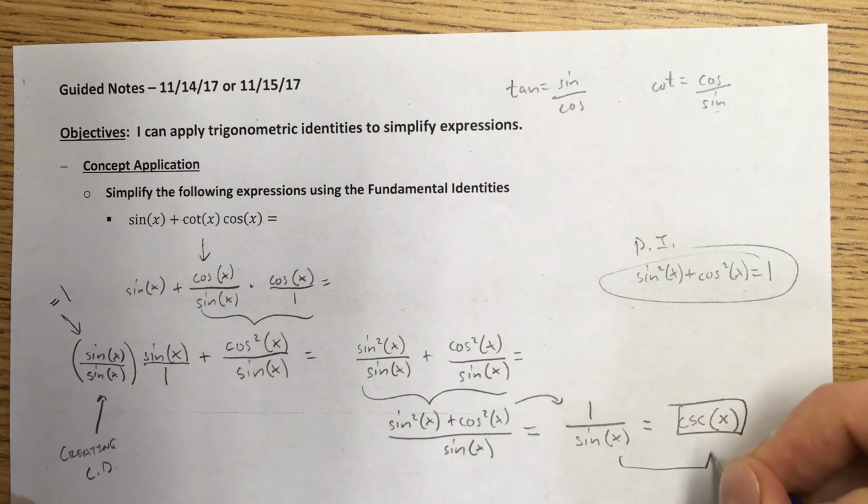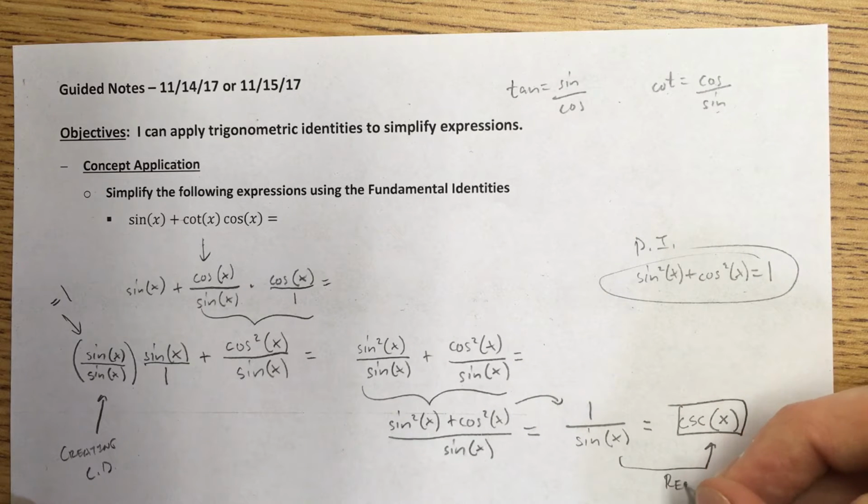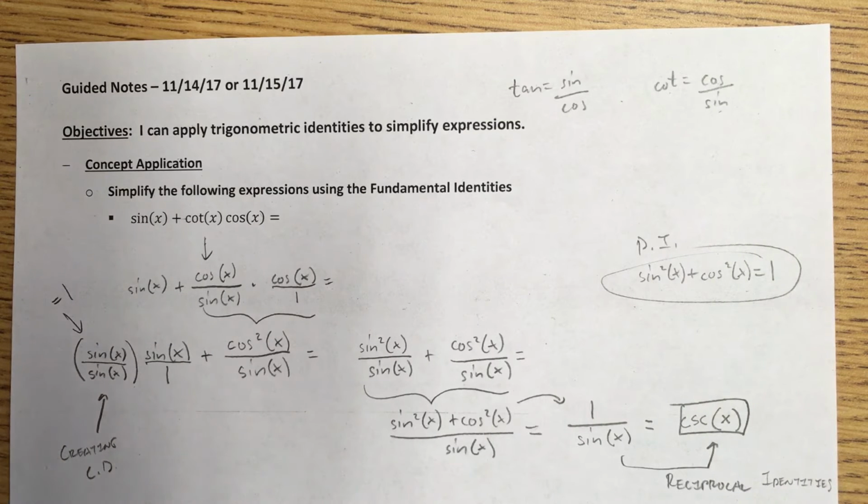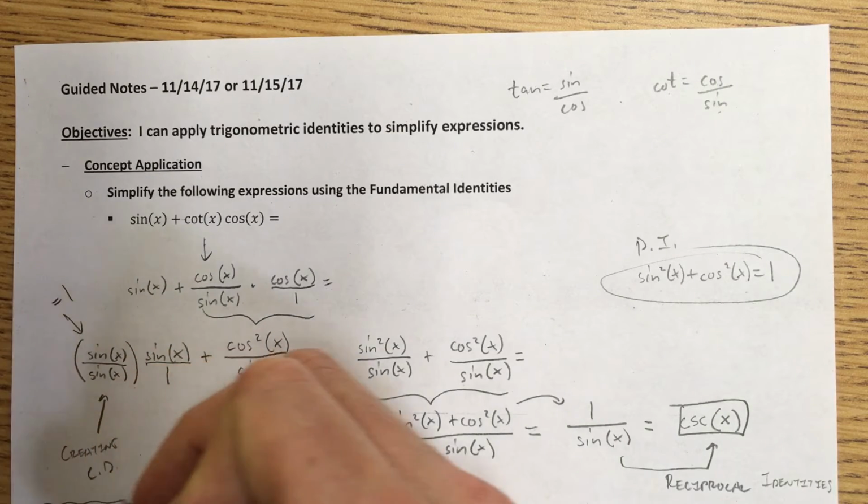And then this is using a reciprocal identity. If you don't have those identities in front of you, it's going to be really challenging to keep up with this. So I would recommend keeping those identities in front of you so you can refer to them and see how we're changing certain things using the identities.